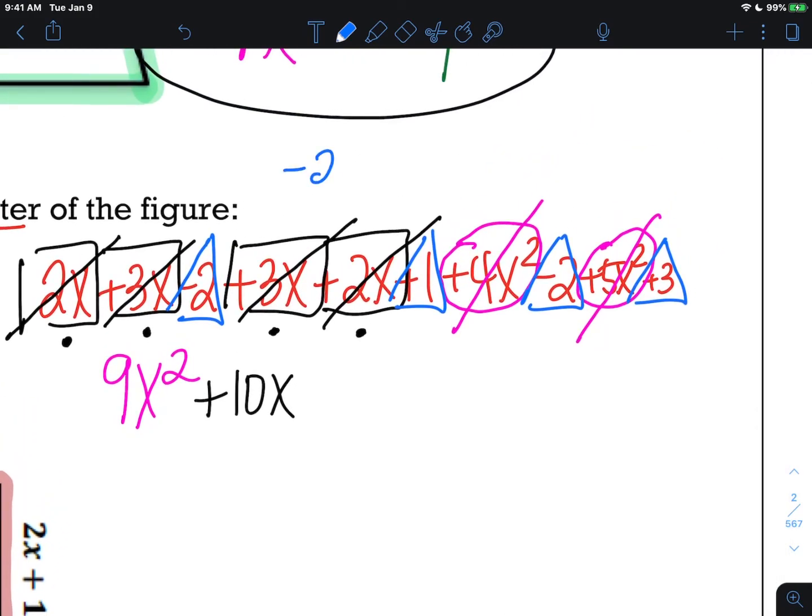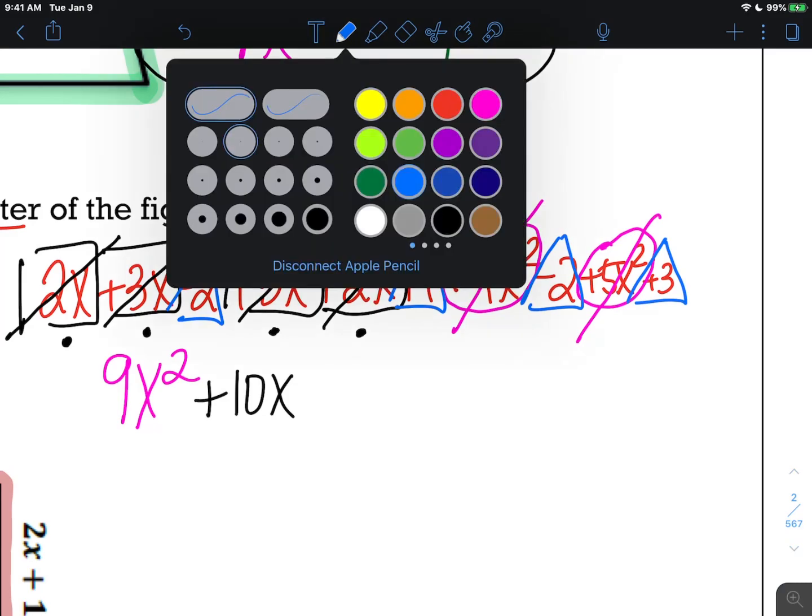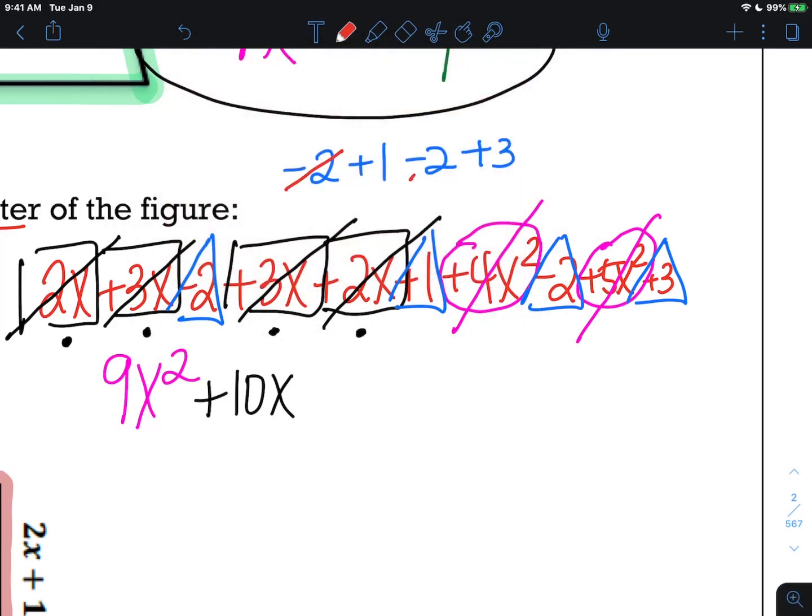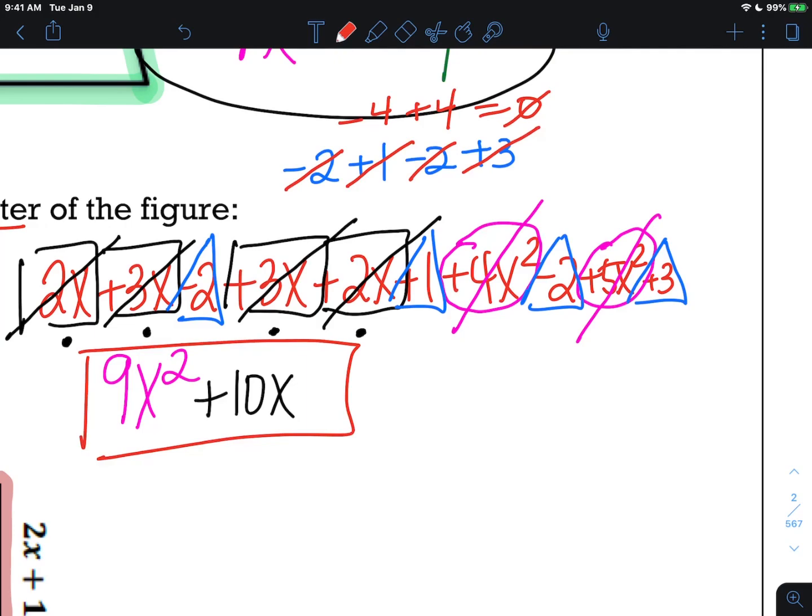So I'm just going to write that out again. -2 plus 1 minus 2 plus 3. Okay, so I'm going to put all the negatives first. -4 plus 4. So yeah, it is 0. I don't have to write that one in. So this is my final answer for my perimeter. So my perimeter is equal to 9x squared plus 10x.